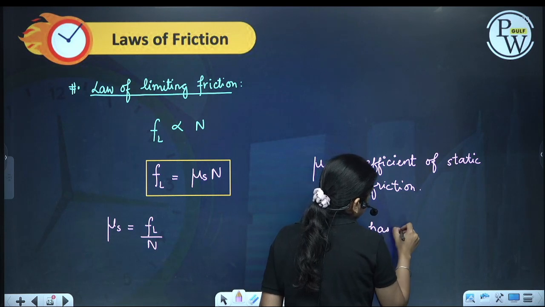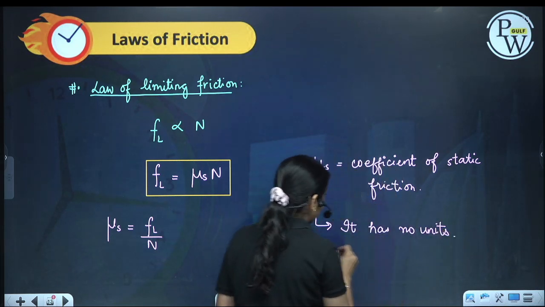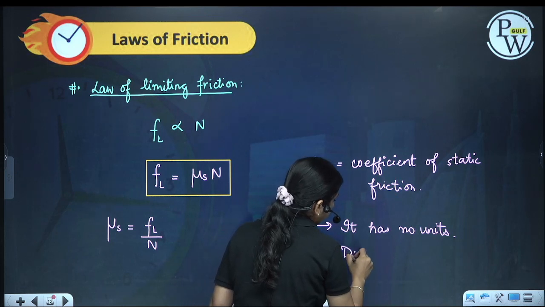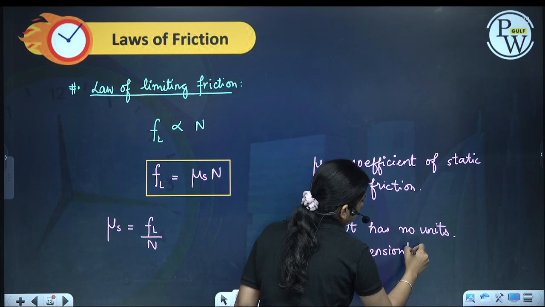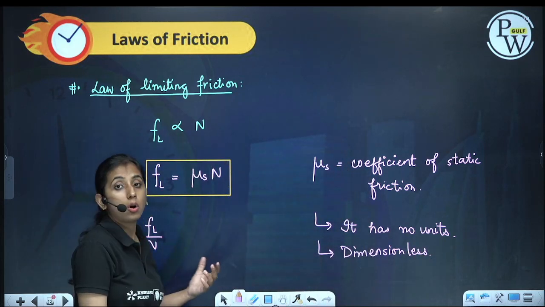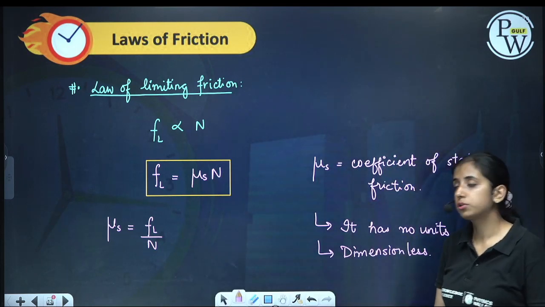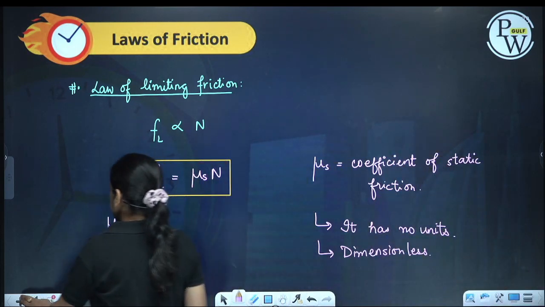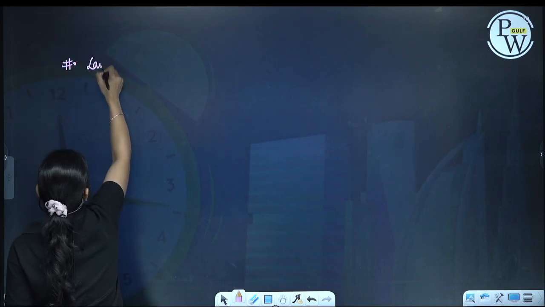It has no units and dimension. It is dimensionless. So this is called the law of limiting friction: the limiting friction is directly proportional to normal reaction. Then we have the law of kinetic friction.